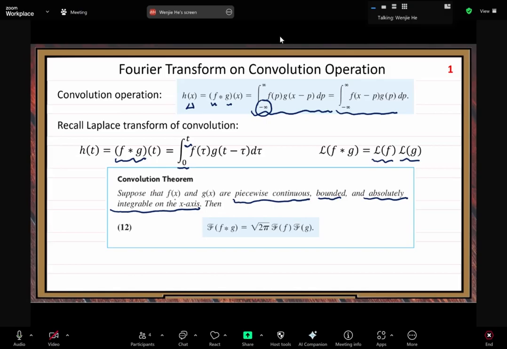The result: the Fourier transform of the convolution on the left-hand side equals, on the right-hand side, the product, but you can see there is a constant.